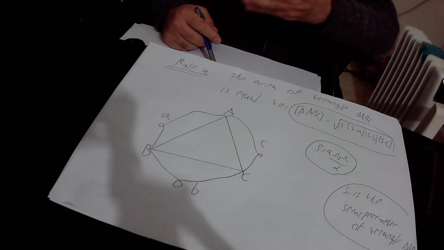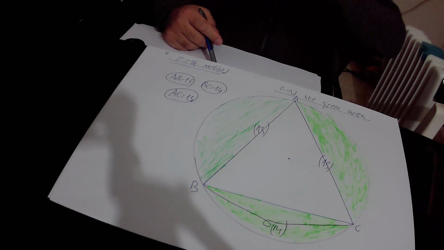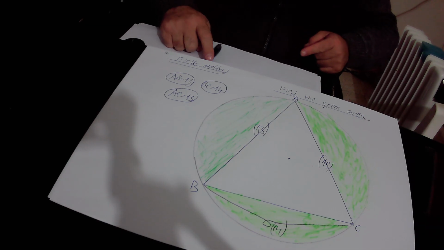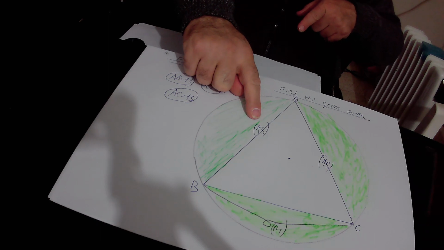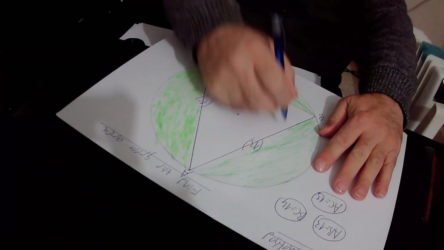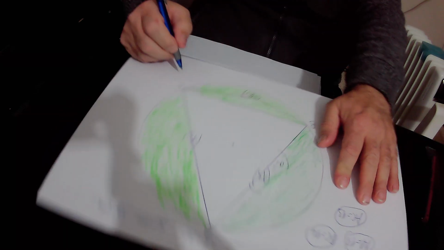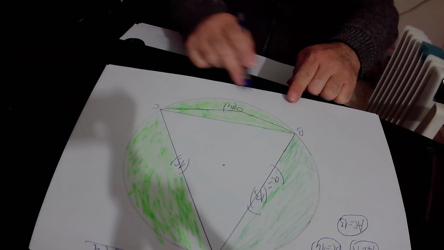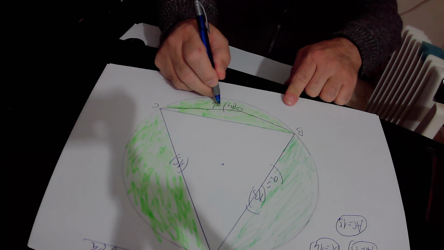Okay, so we can implement rule number 4 in our drawing. First of all, we define the length of side AB as A, and A equals 13 units. We define the length of side BC as B, and B equals 14 units.